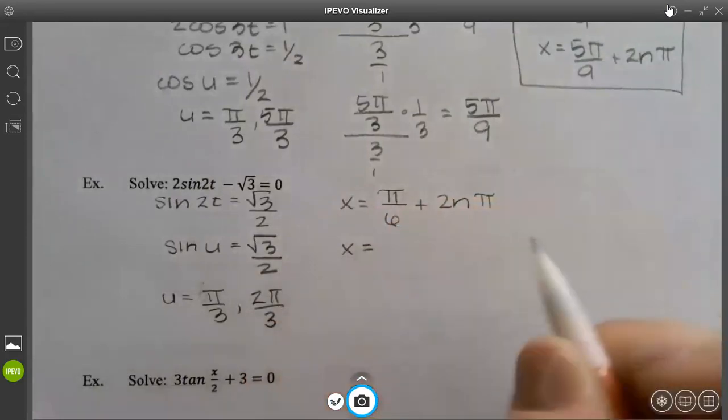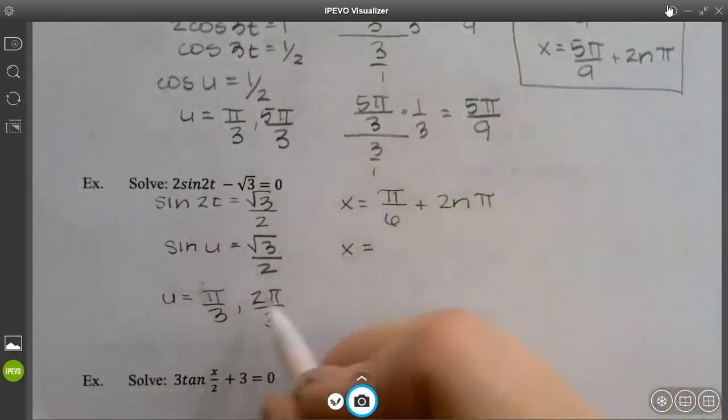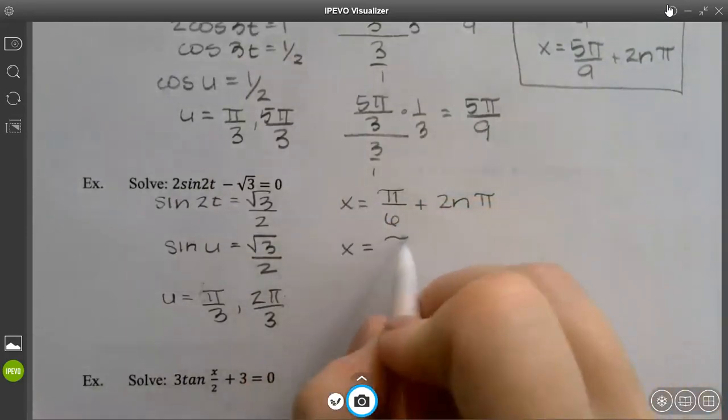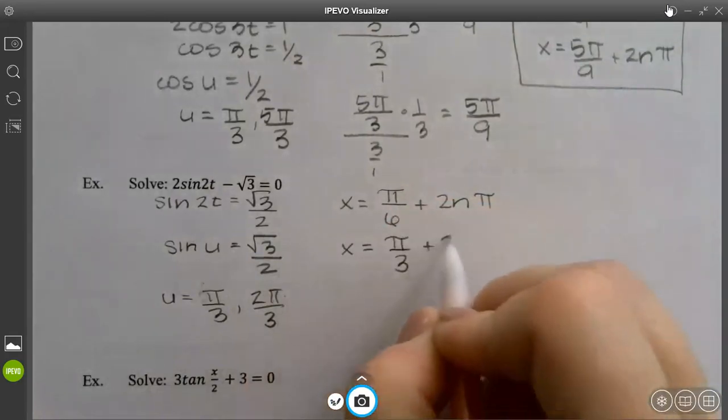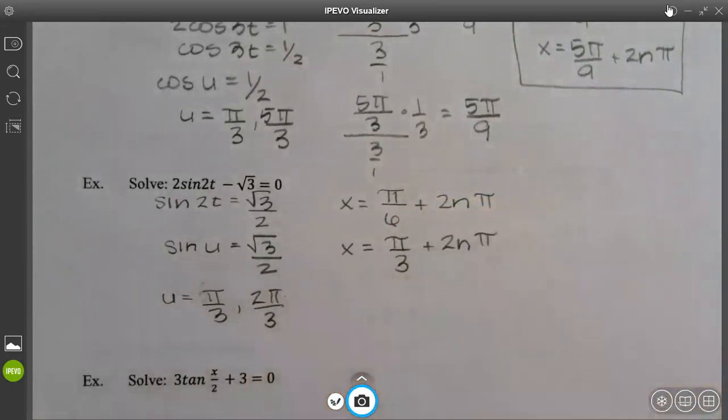And 2 pi over 6 or pi over 3 plus 2n pi. Okay, we did pi over 3. We had to do times 1/2. 2 pi over 3 times 1/2 gives you pi over 6. This one, your 2's will cancel out and give you pi over 3. You see it? Okay.